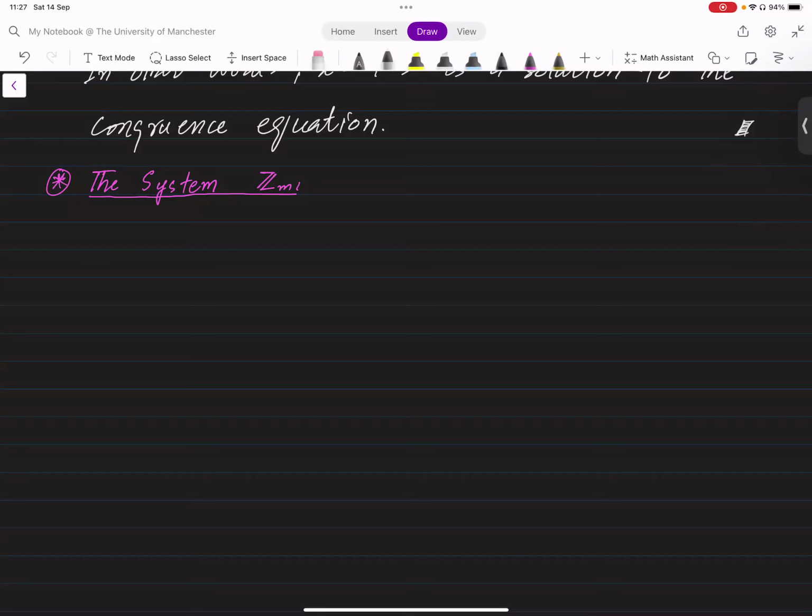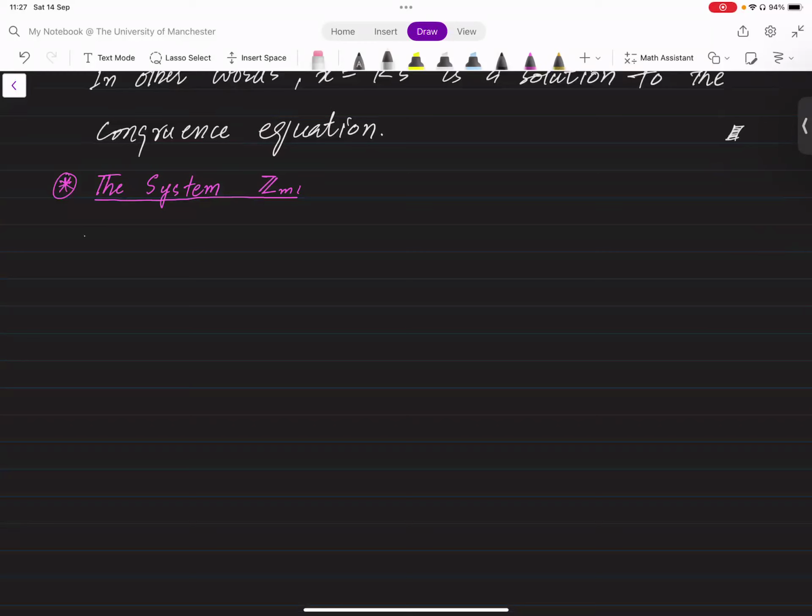So we are saying we have an example (13.8), which says that let's take M is 4, and let Z4 be the set consisting of 4 integers.